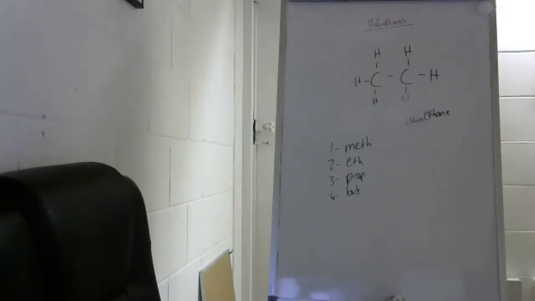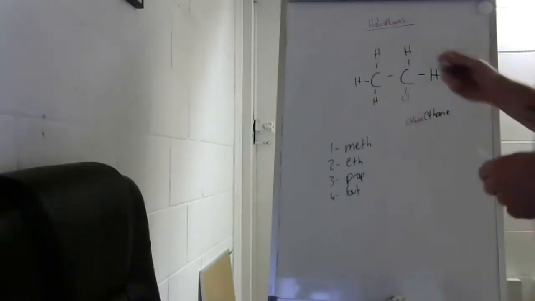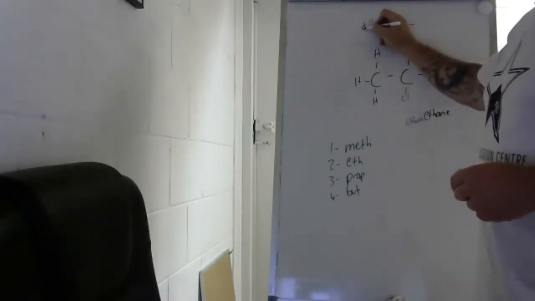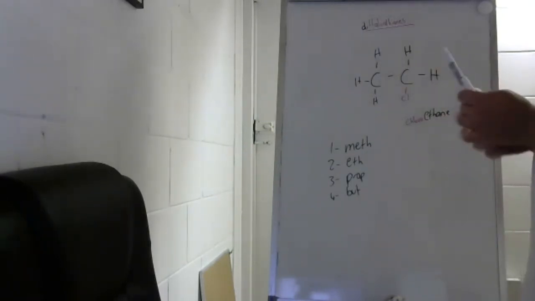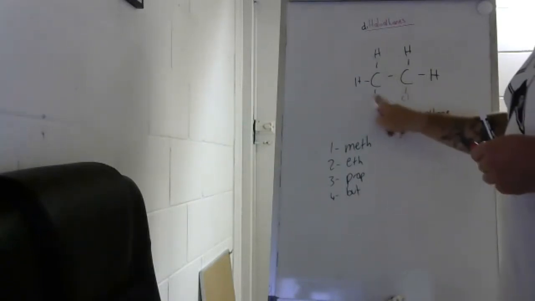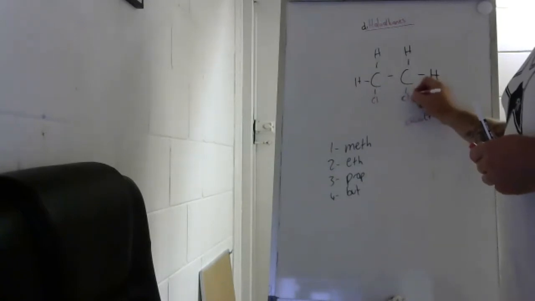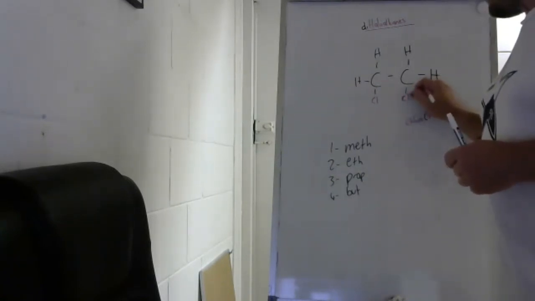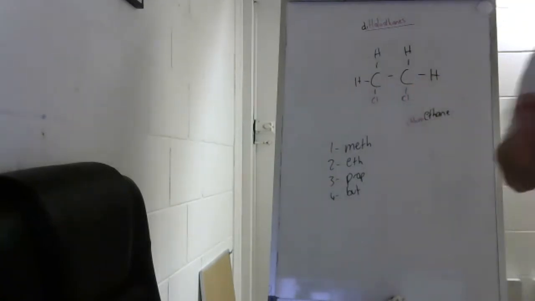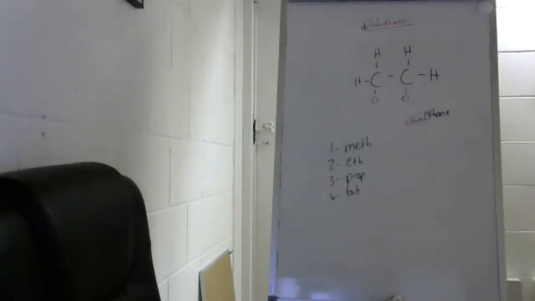So we can add 2 halogens. And hopefully I can demystify this: you just apply the same basic naming rules to all of the different organic functional groups.